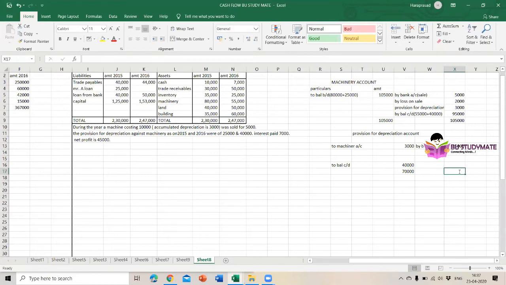And here also we have to write 70,000. And the balancing figure is 70 minus 25. Oh sorry, this is 40 plus 3, that is 43,000. 43 minus 25 is 18,000 rupees. Okay.